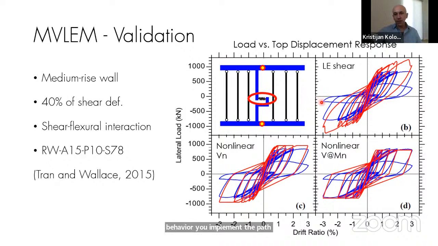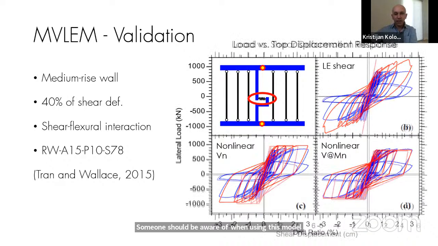If you implement a linear elastic shear behavior, then you can overestimate capacity by quite a bit. You can then implement a nonlinear shear behavior with some shear capacity, if you decide to use the nominal capacity of the wall or the shear that corresponds to the moment capacity. You see, you can get different responses. So that's one thing someone should be aware of when using this model.